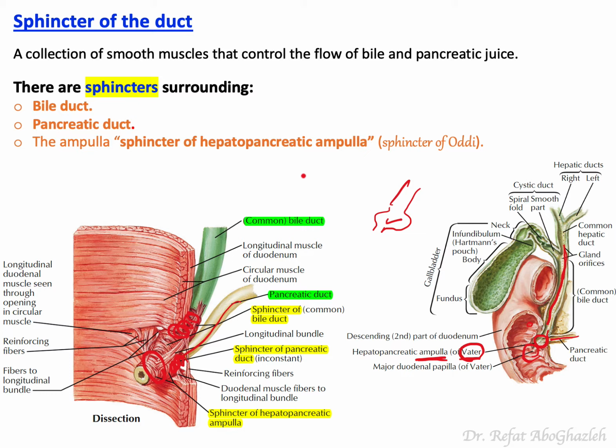So we have three sphincters: for the bile duct, for the pancreatic duct, and for the ampulla of Vater, and the sphincter here for the ampulla of Vater is known as the sphincter of Oddi. Clinically they will not say sphincter of hepatopancreatic ampulla, it's too long, just sphincter of Oddi. So the sphincter of the hepatopancreatic ampulla is the sphincter of Oddi.